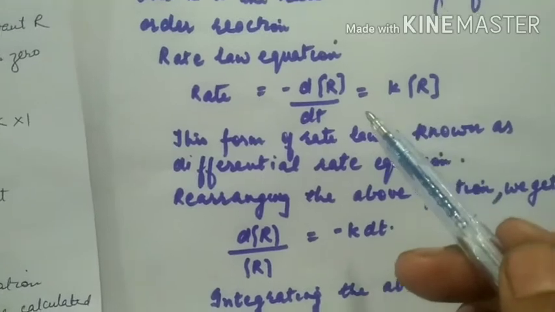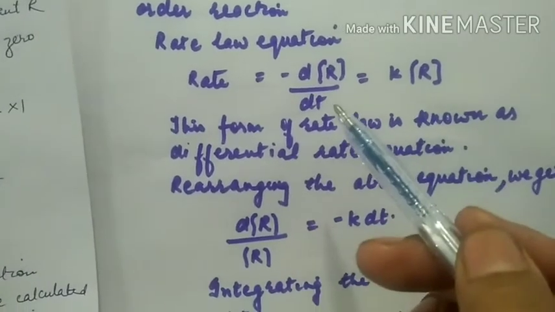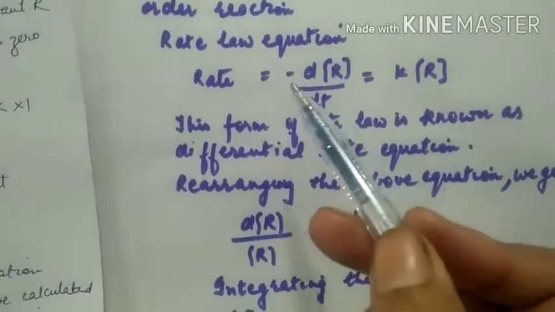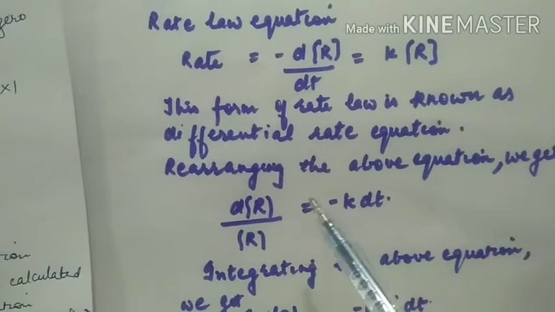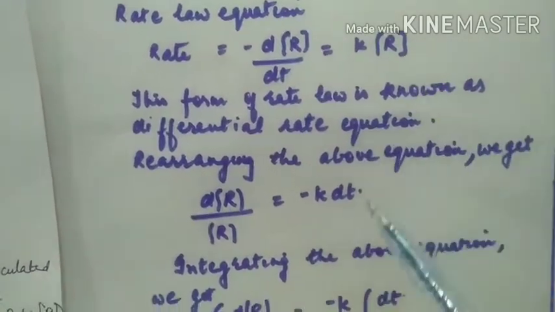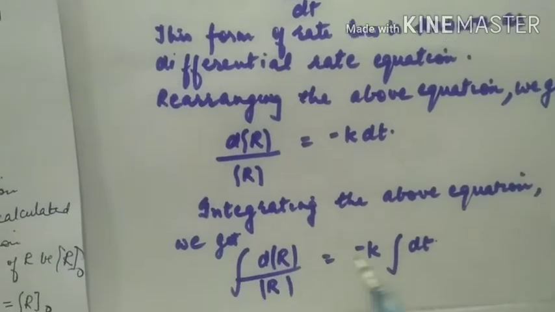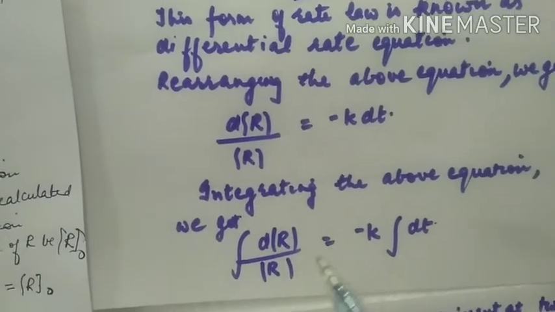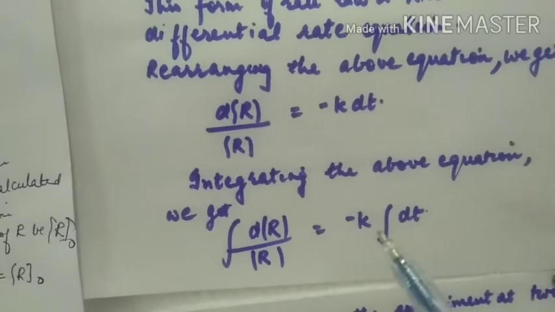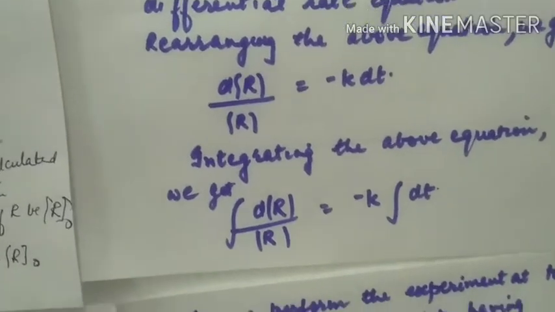So what we do is take dt to this side and [R] to this side. So rearranging, we get minus d[R] upon [R] is equal to k dt. And integrating the above equation, we get integral of d[R] upon [R] is equal to minus k into integral of dt.